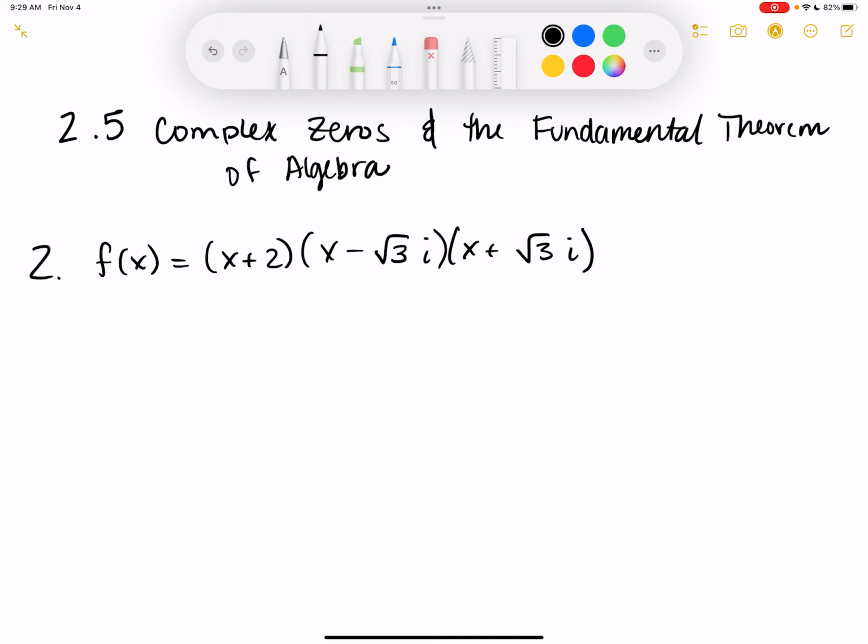So, all right, we're going to start out by multiplying. So what is this? It's a difference of squares. Difference of squares, so what is that going to multiply into? x squared minus the square root of 3i squared.